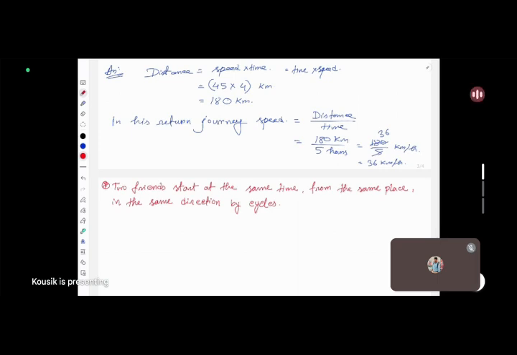The speed of the first friend is 10 kilometer per hour.